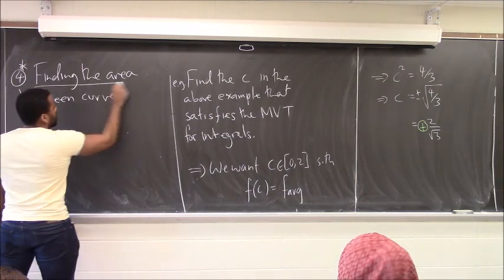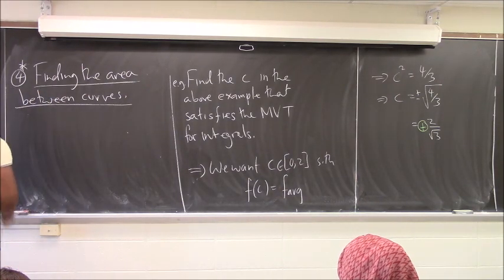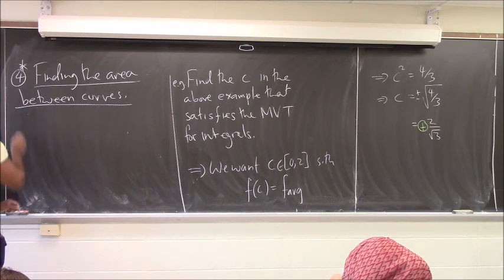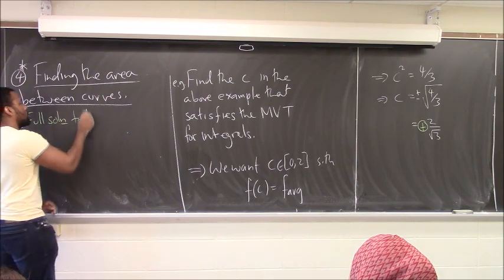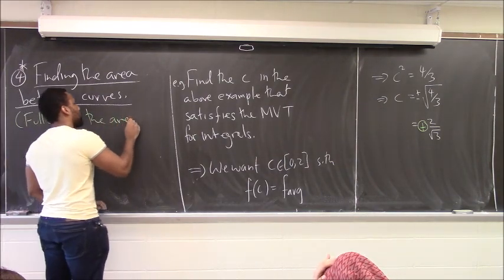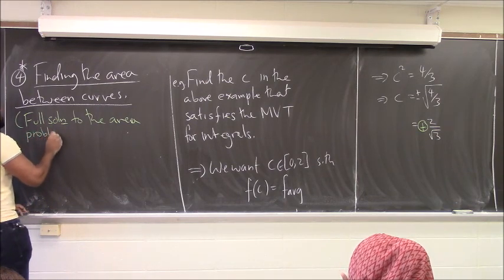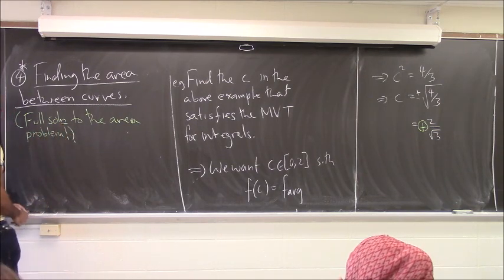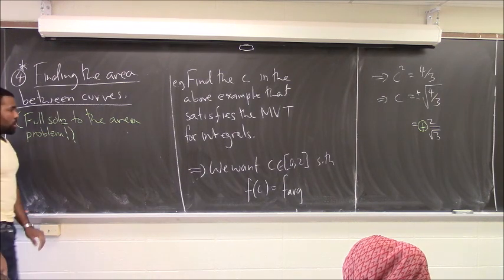Now, this is useful in several contexts, but we like it because this is actually the full solution to the area problem. You might recall how the area problem started.